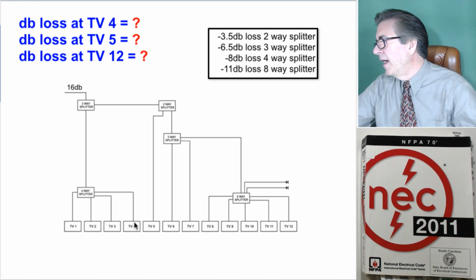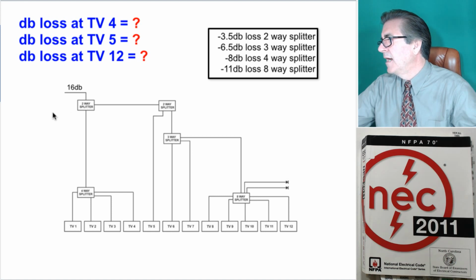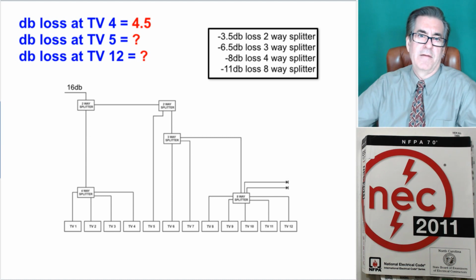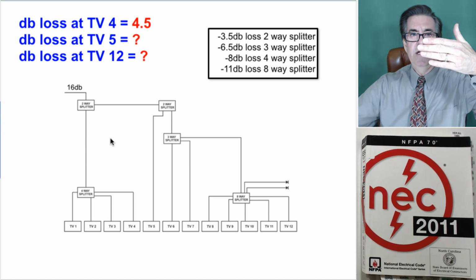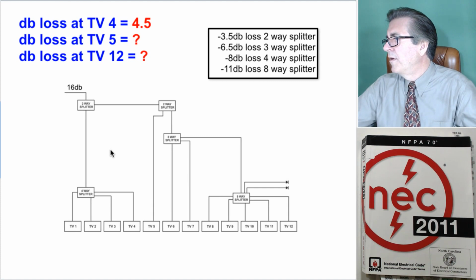So TV4 would be here. I've got 16 minus the 4-way, which is minus 8, and then also minus a 2-way, which is minus 3.5, and you come up with a positive 4.5.